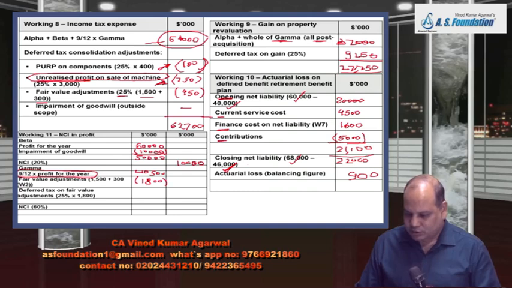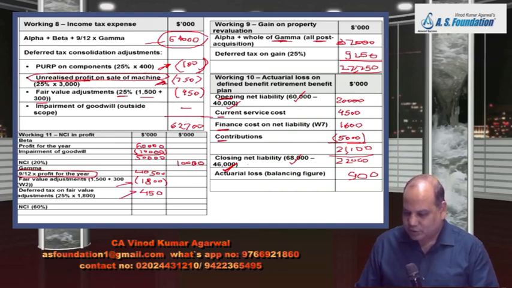And on this fair value adjustment, there was a deferred tax adjustment also. 450. Deferred tax adjustment 450. So take 40,500. Profit will reduce because of extra depreciation.